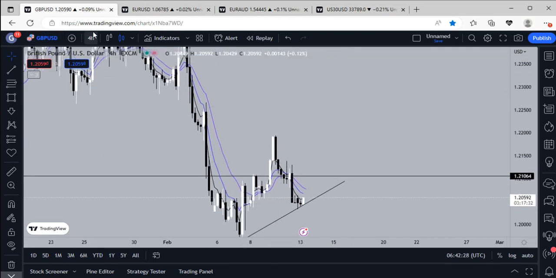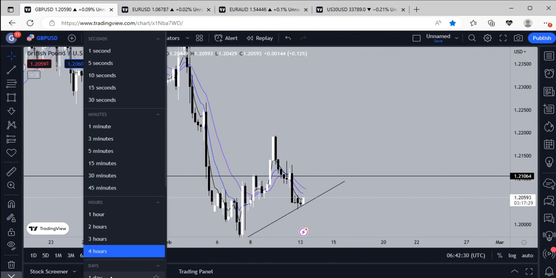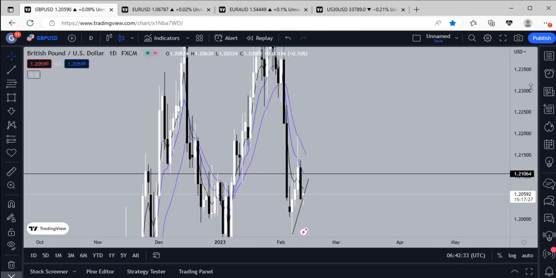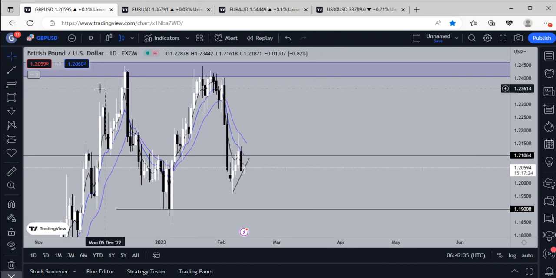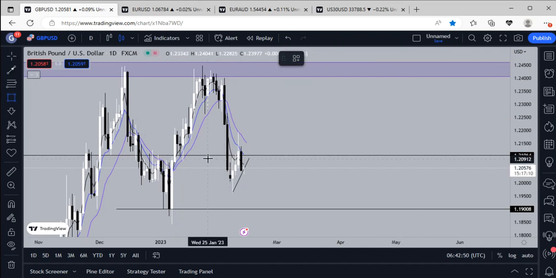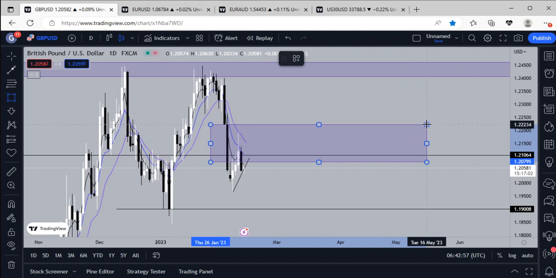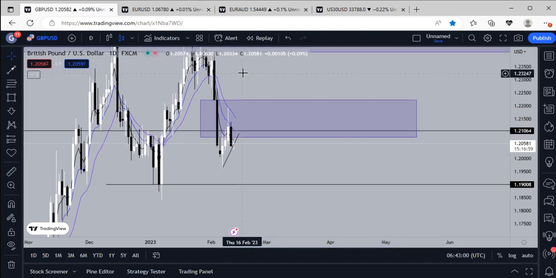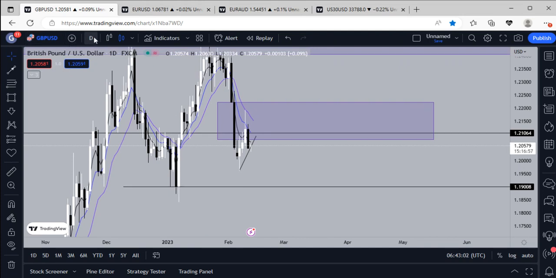And going back to the daily, there's not much of an imbalance in this area, okay, except for this area right over here. Right, we have an imbalance in that area again.